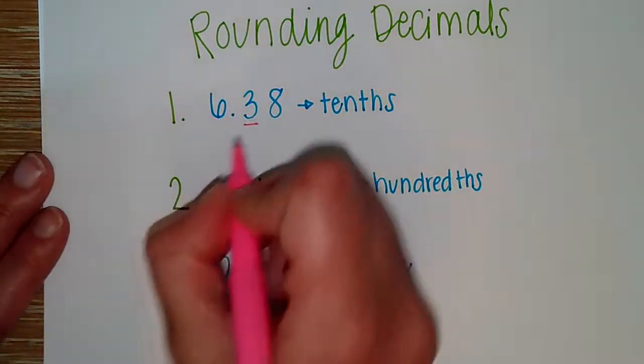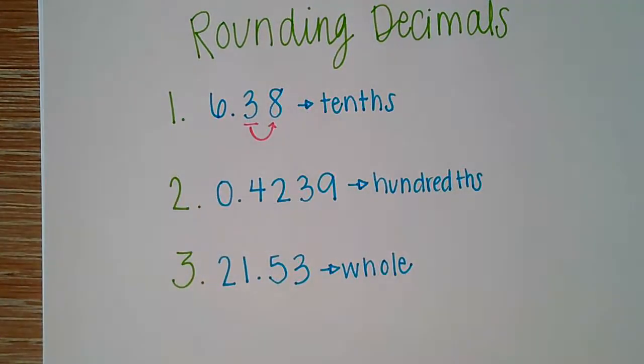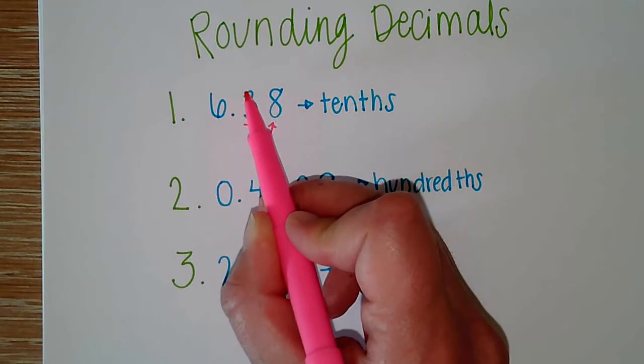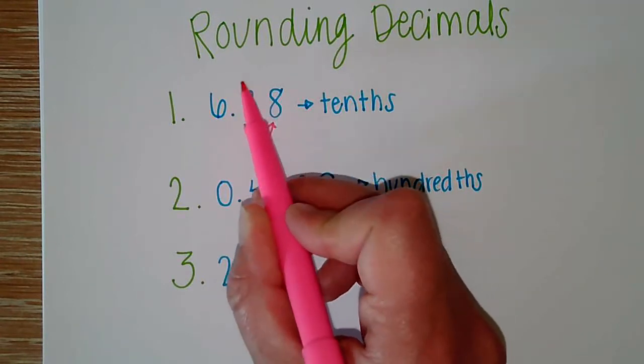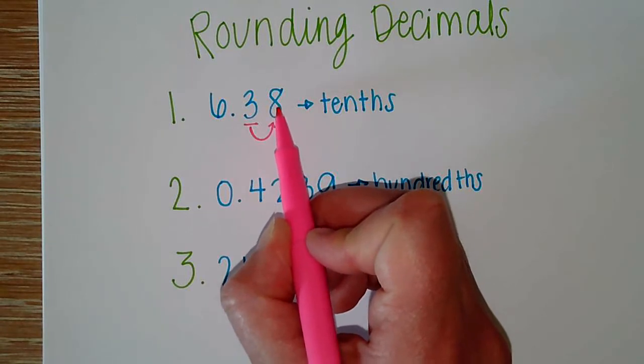Okay, so now before I get those zeros, I use the number directly to the right. This number right here is going to tell me how to round this 3. So I look to the right and I've got an 8.